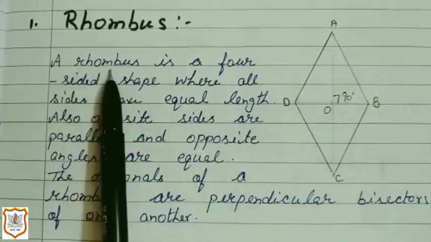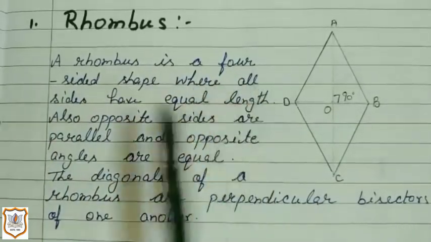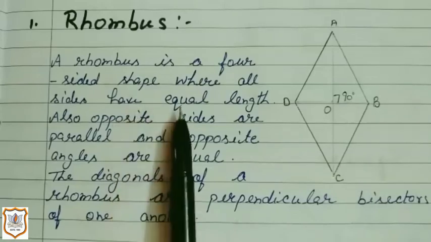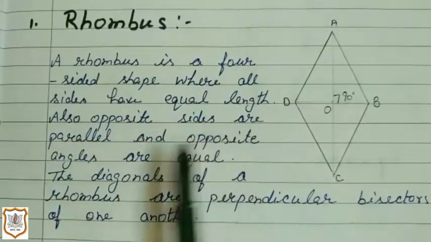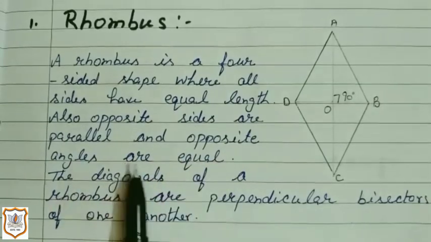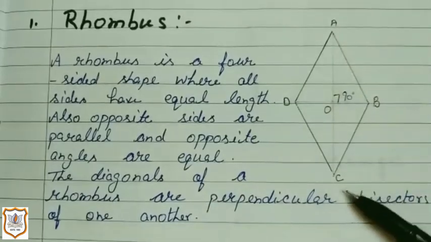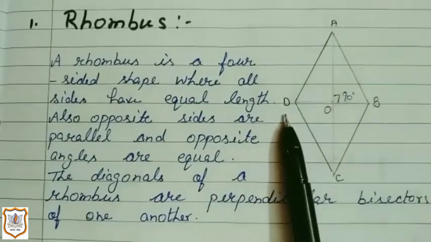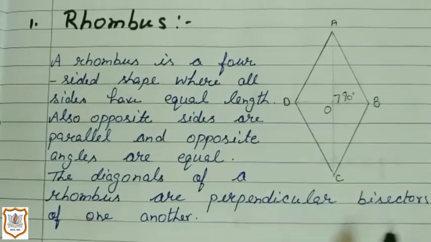So a rhombus is a four-sided shape where all sides have equal length. Also opposite sides are parallel and opposite angles are equal. So angle A is equal to angle C and angle B is equal to angle D. The diagonals of a rhombus are perpendicular bisectors of one another.